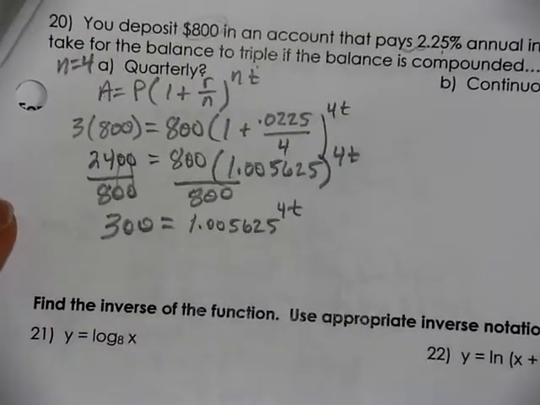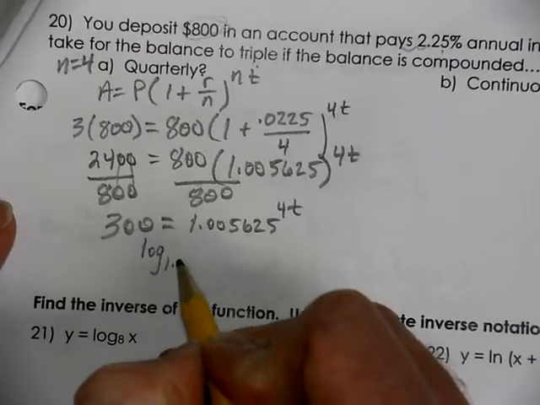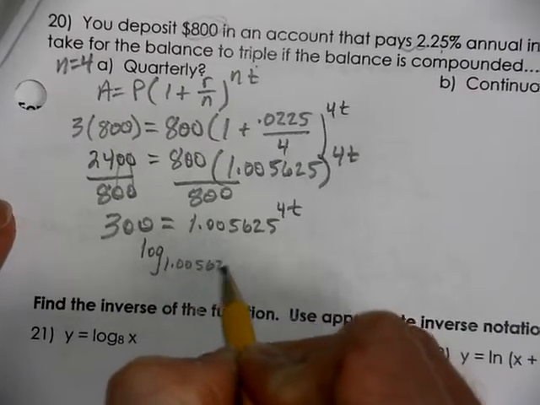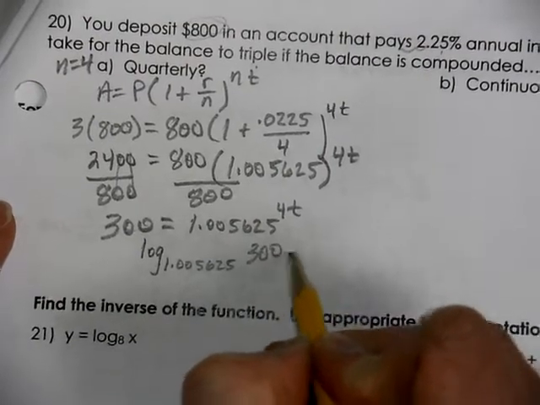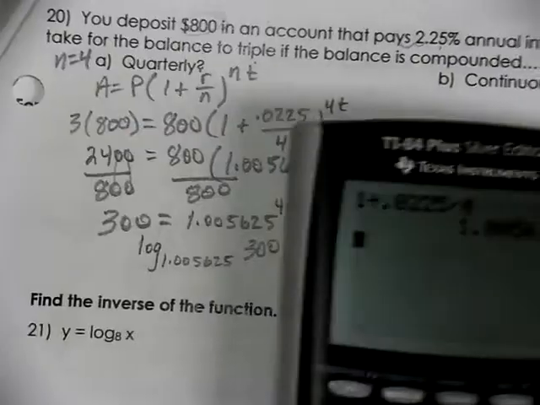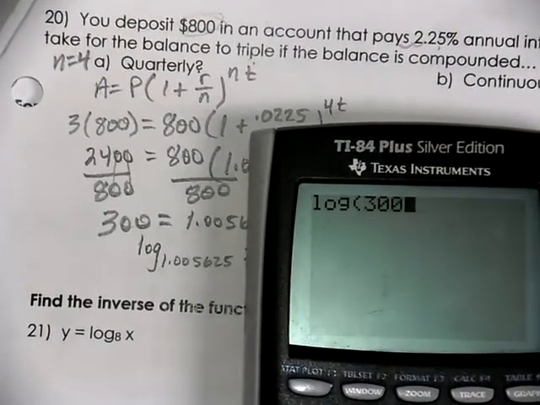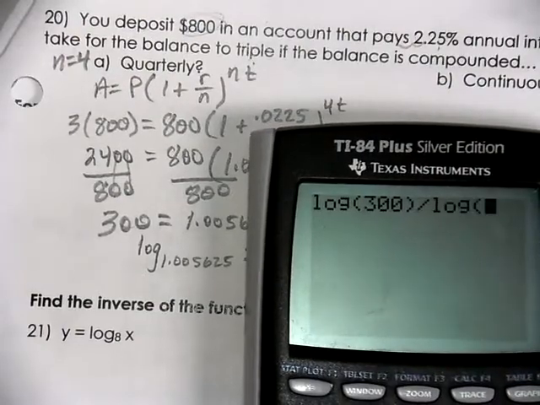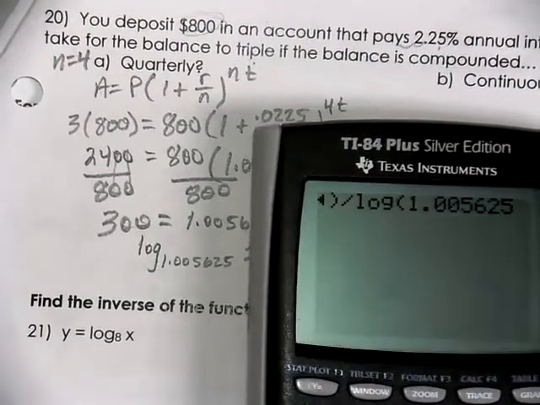Now we're solving for an exponent, so we need a logarithm. So using our calculator, we have log of 3 divided by log of 1.005625.